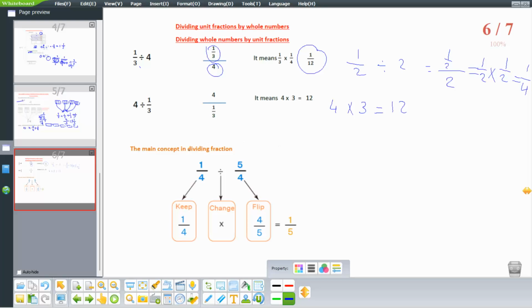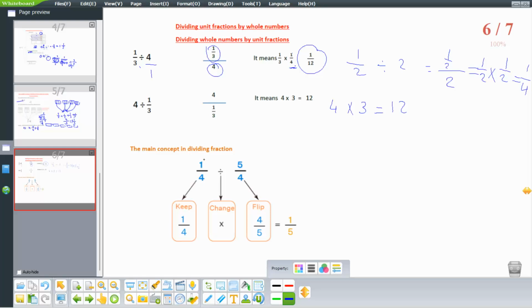The main concept of division: here we said 1 over 3 times 1 over 4, so we make a flipping of the 4. The 4 here, the denominator is 1. If I make a flip like this, you know the flip, it will be 1 over 4.